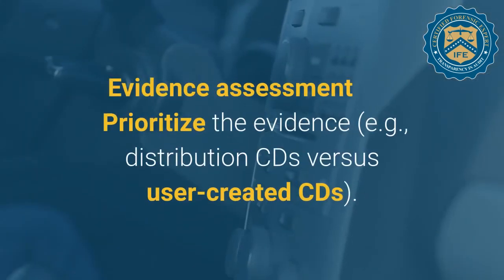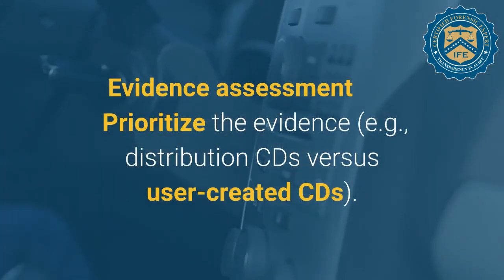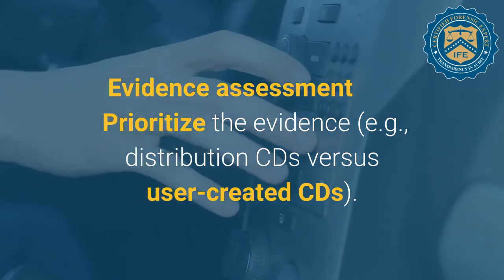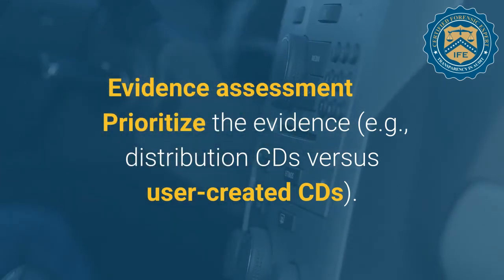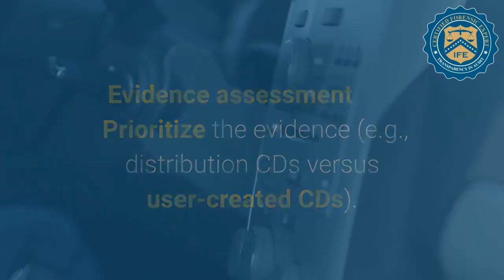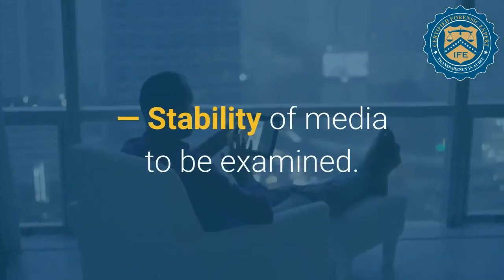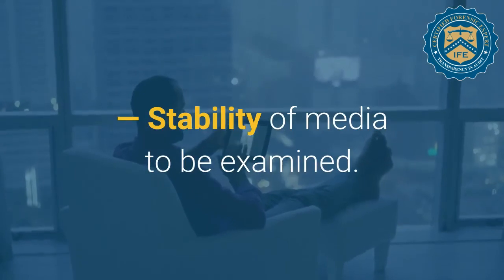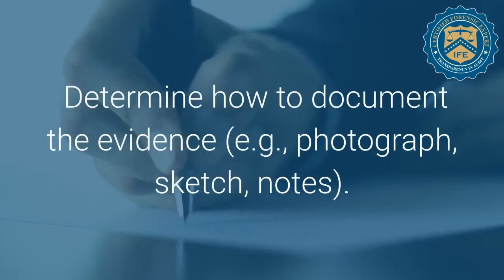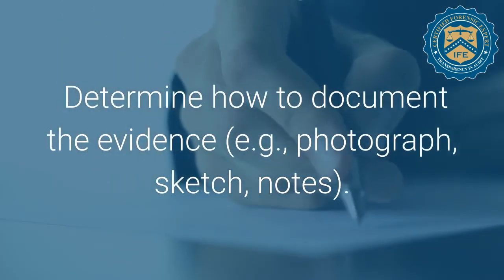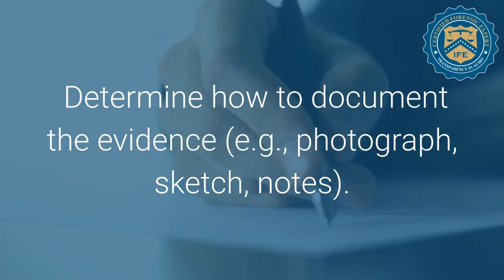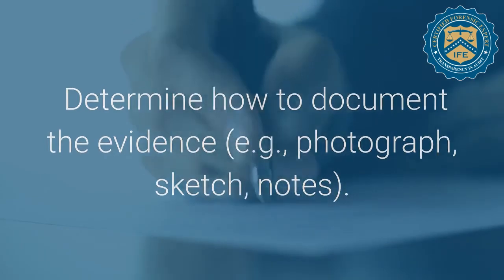Evidence assessment: prioritize the evidence, e.g., distribution CDs versus user-created CDs. Location where evidence is found. Stability of media to be examined. Determine how to document the evidence, e.g., photograph, sketch, notes.